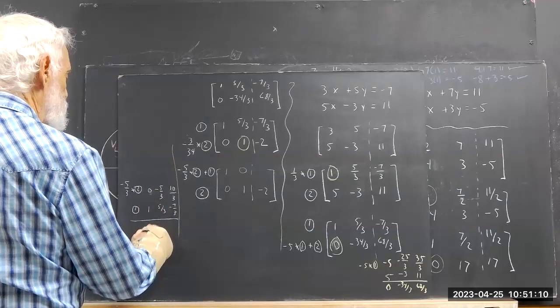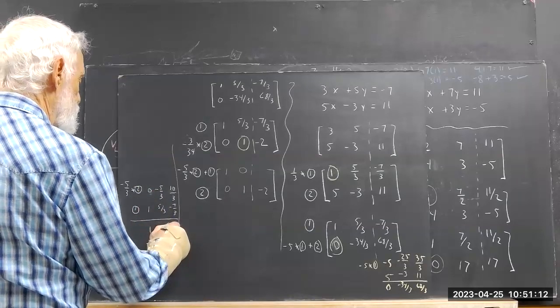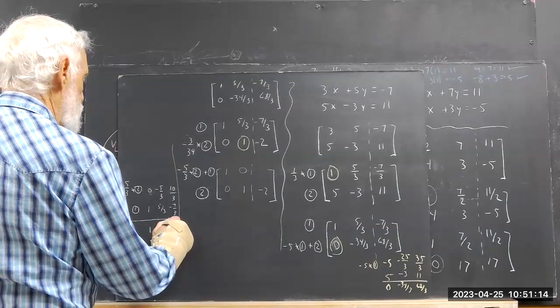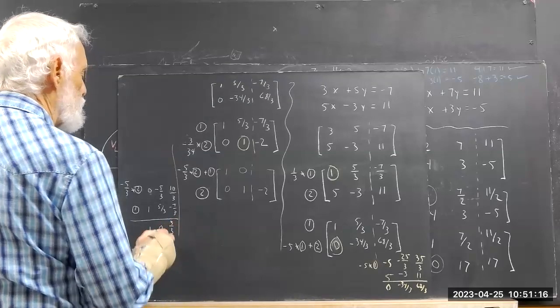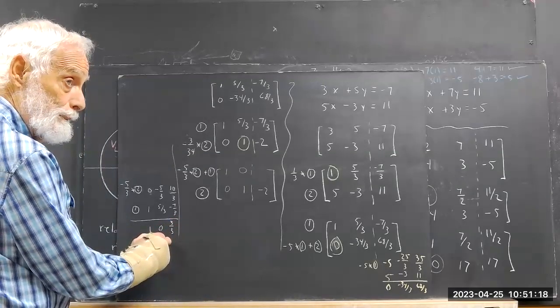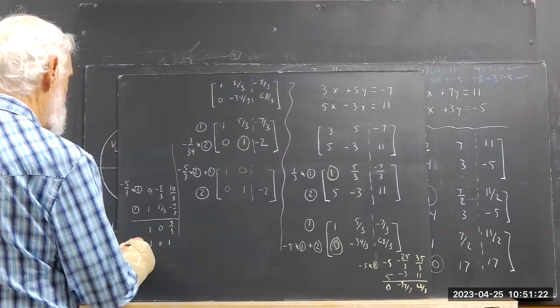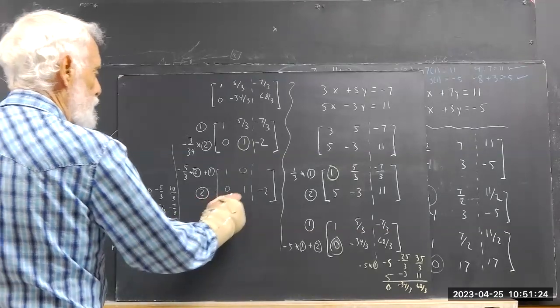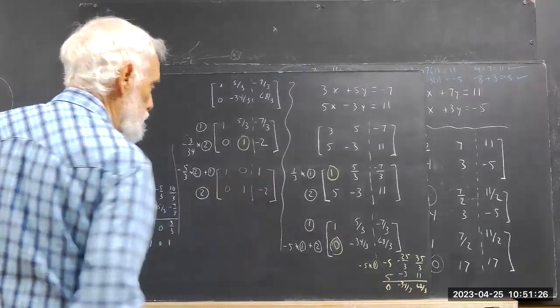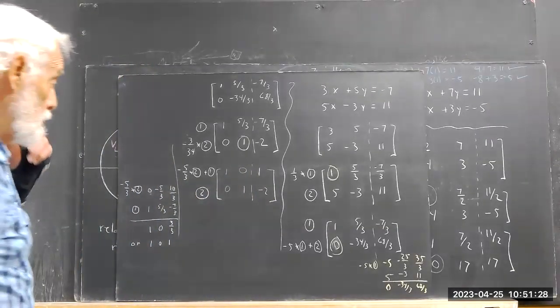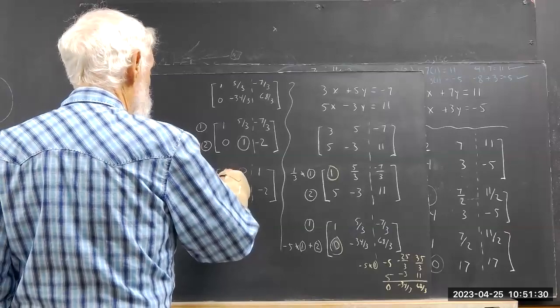So when we add these, we get 1. When we add these, we get 0. When we add these, we get 3/3, which of course is the 1. So now see what we're going to have. There it is, and our whole system is solved.